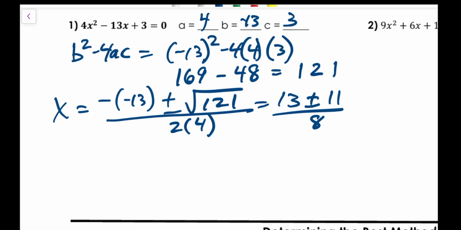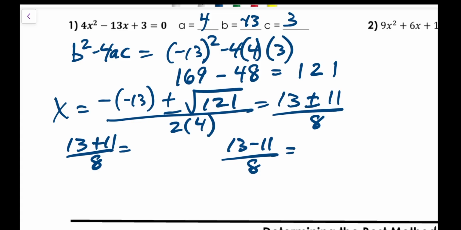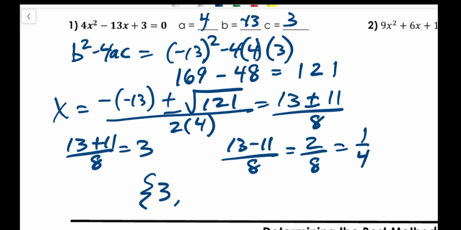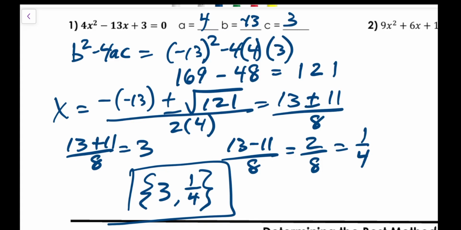Now we split the plus or minus. 13 plus 11 over 8, get an answer, and 13 minus 11 over 8. 13 plus 11 is 24, divided by 8 is 3. 13 minus 11 is 2, divided by 8, and that's 1/4. So our two solutions are 3 and also 1/4. Two real solutions, just as we predicted.